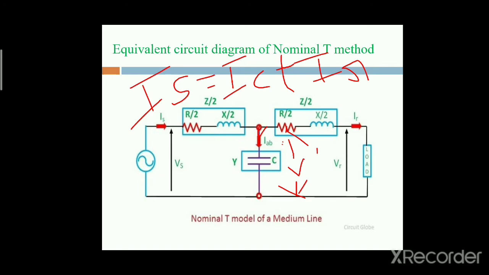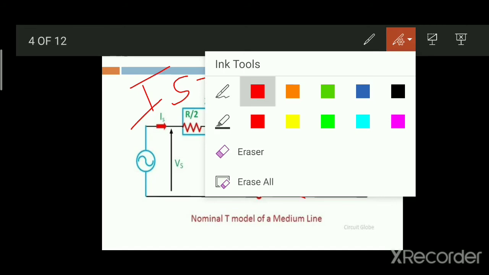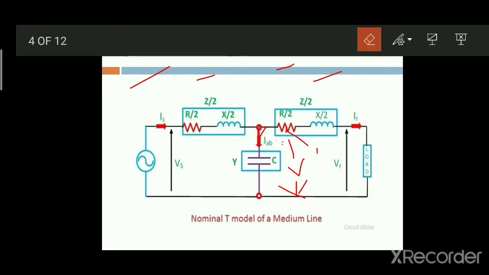Next, write the formula for V dash. V dash is equal to VR plus IR into Z by 2.